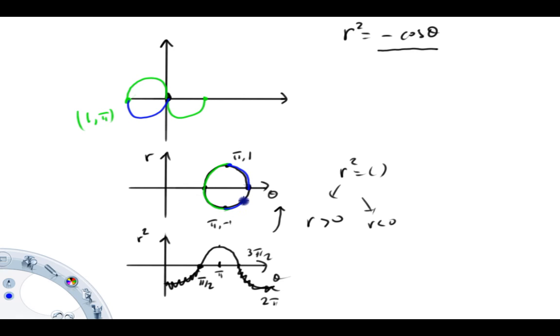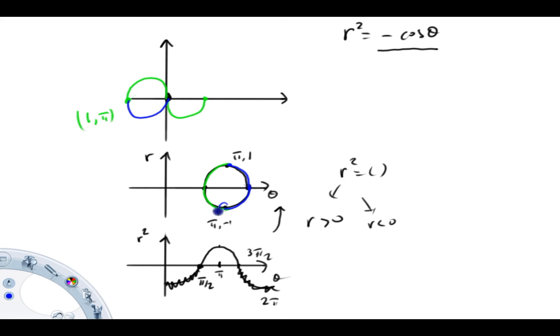The negative part of the curve, right, the negative values for r are filling out points over in quadrant 1, right, because our angle is in quadrant 3. If we're between pi and 3 pi over 2, that would put us in quadrant 3. Then these negative values for r are actually filling out points over in quadrant 1. And those radii are starting at -1 going to 0.